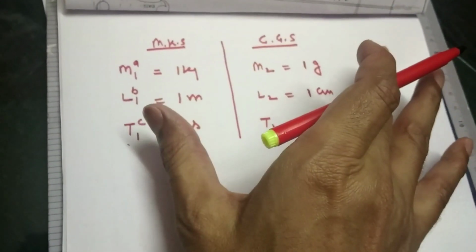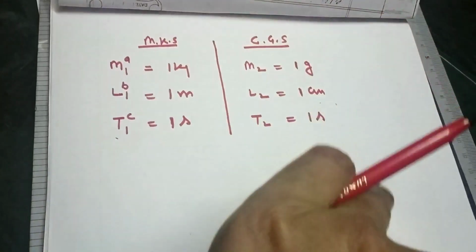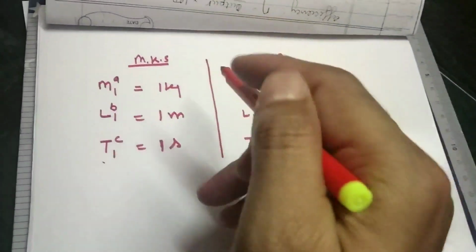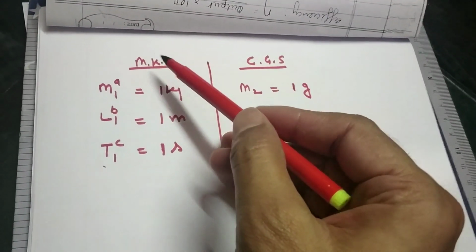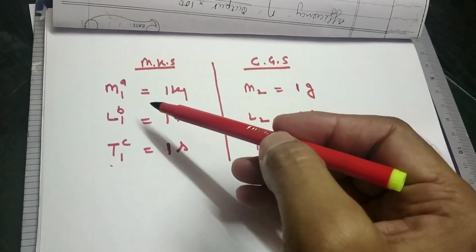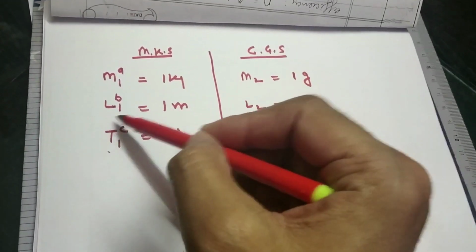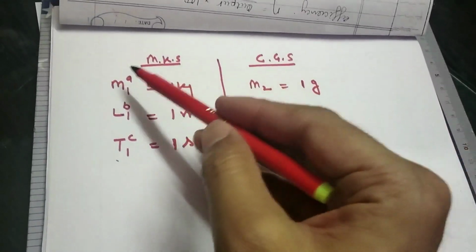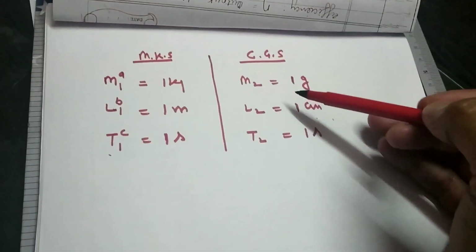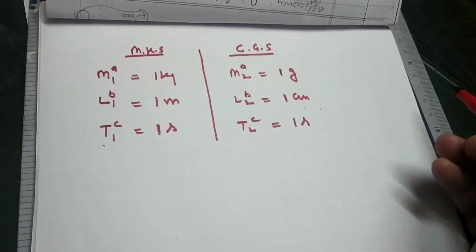We don't know which quantity we will convert from MKS to CGS. We are taking the common steps. So suppose one quantity when we take in MKS is made by MLT, and M is 1 kilogram, L is 1 meter and T is 1 second, and the dimensions we are taking A, B, C. Here also we will take the same dimensions A, B and C.